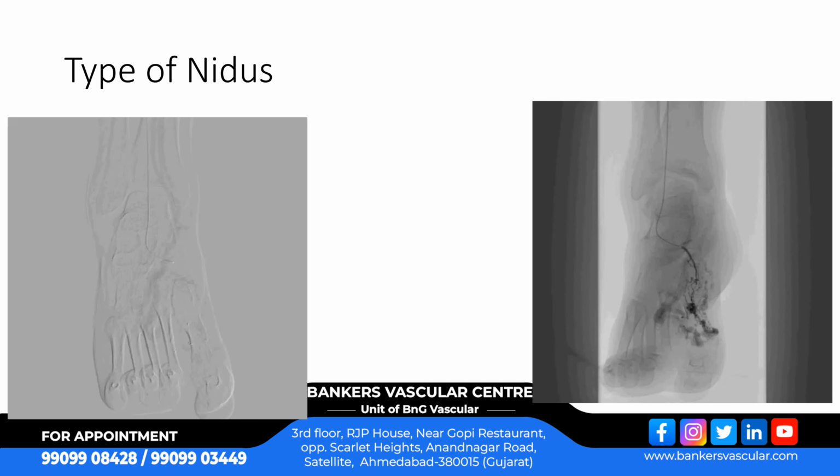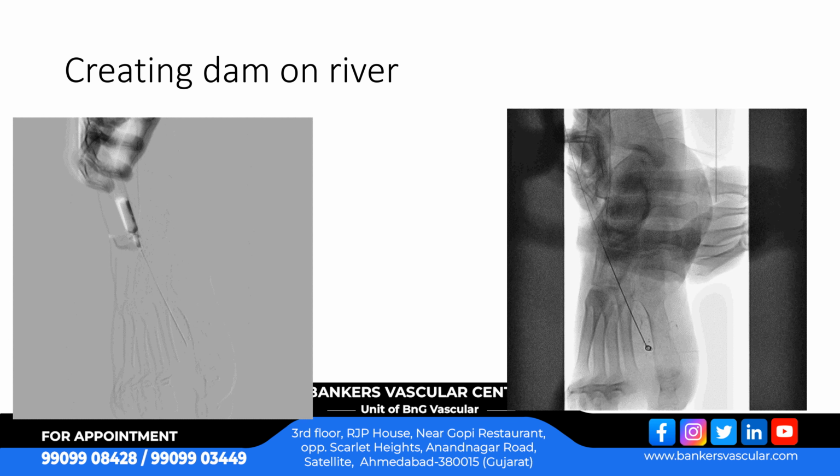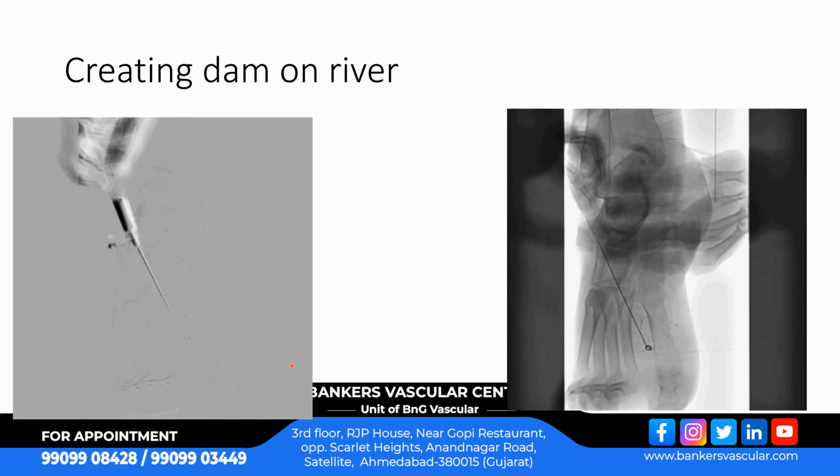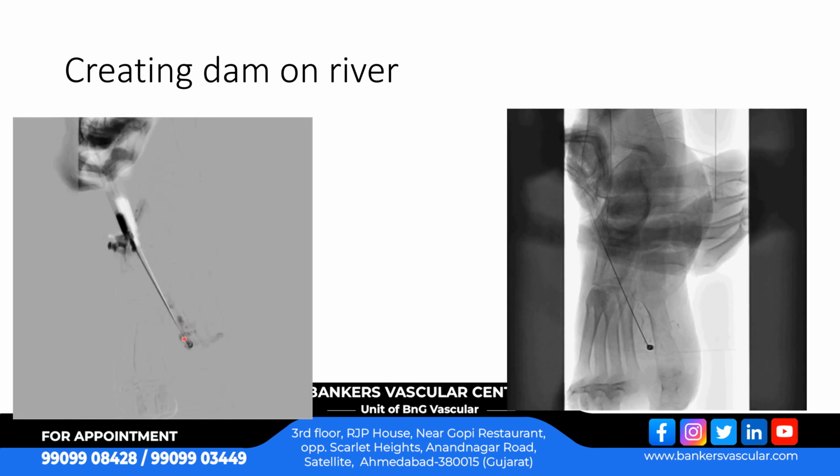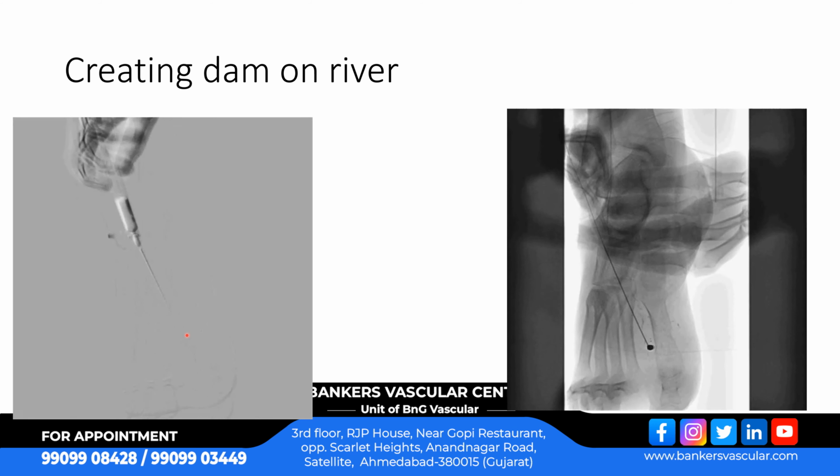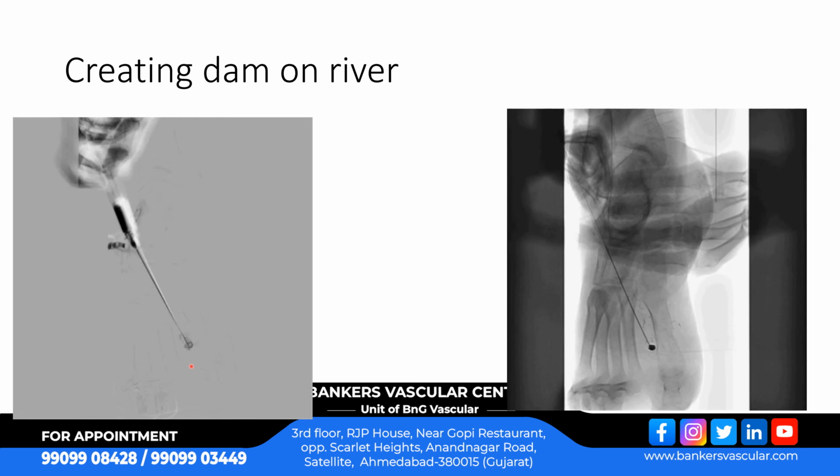So now have a look at how I put these coils into this high flow vascular malformation. First, there is a direct puncture of the nidus. Previously you've seen the contrast coming from over here, but now with this single needle I've accessed the nidus.